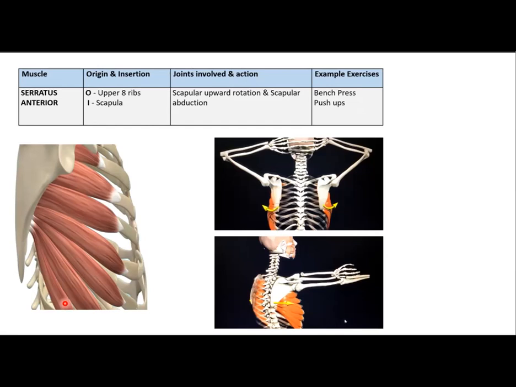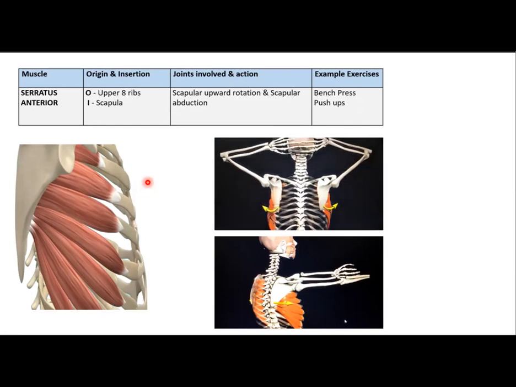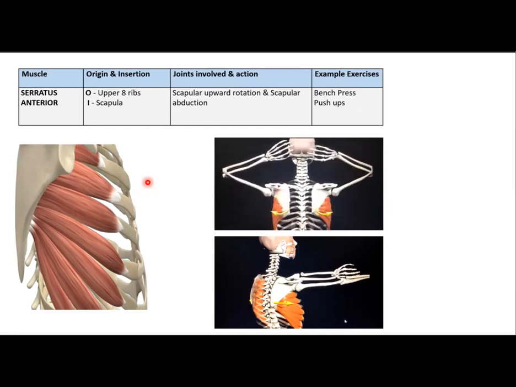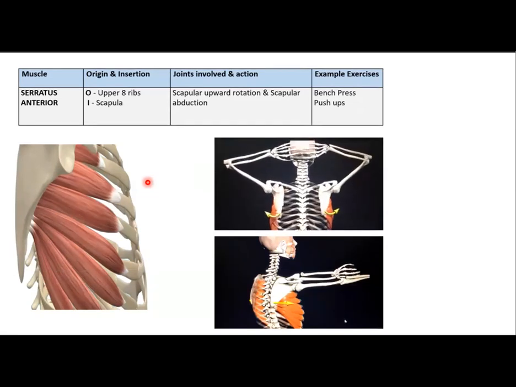It depends on how you do the exercise. I'm just going to show you why we have that muscle. It does a scapular upward rotation and also an abduction. This one is an upward rotation, and abduction means when you do a protraction, like this.